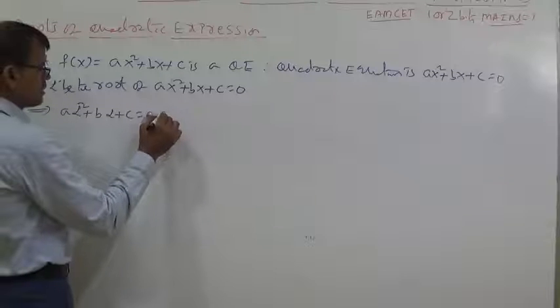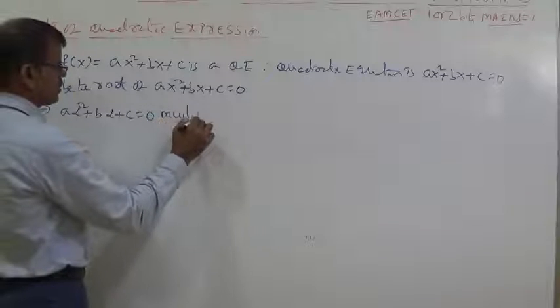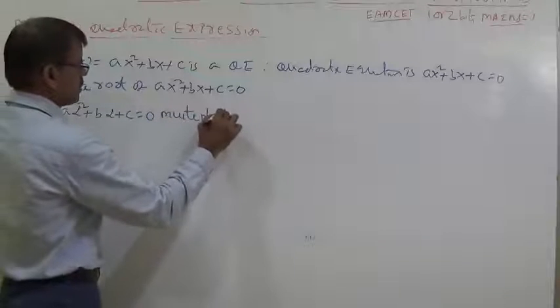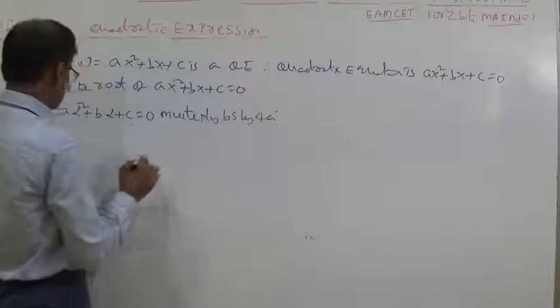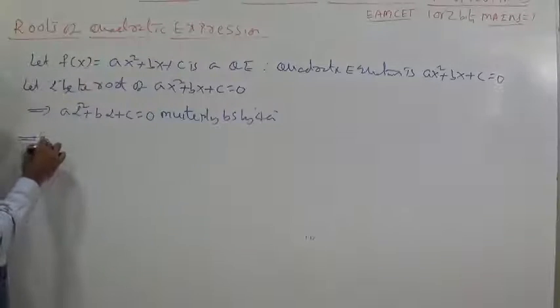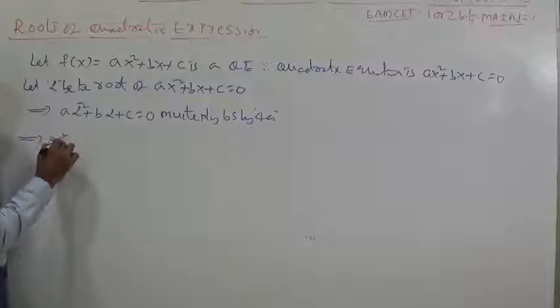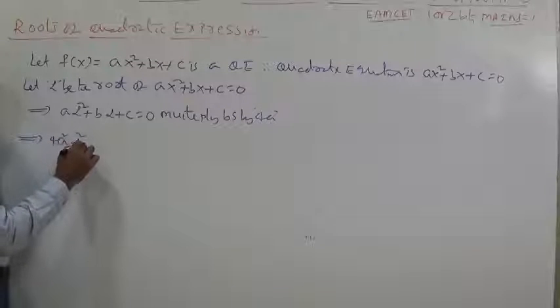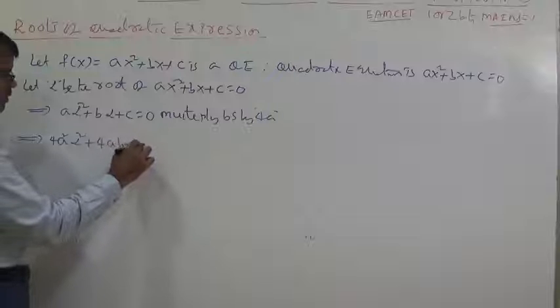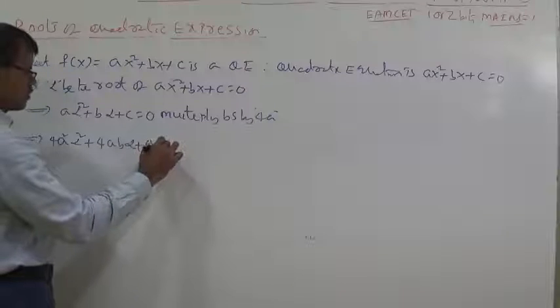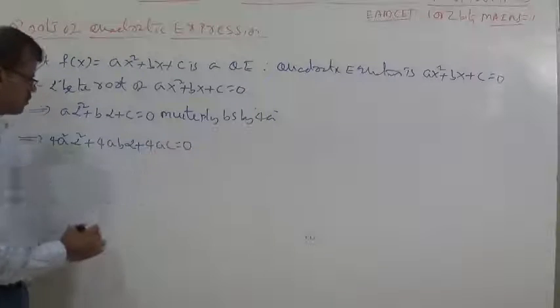Now multiply both sides by 4a. You will be getting 4a square alpha square plus 4ab alpha plus 4ac is equal to 0.